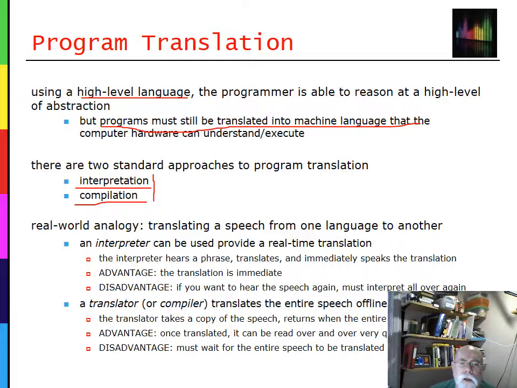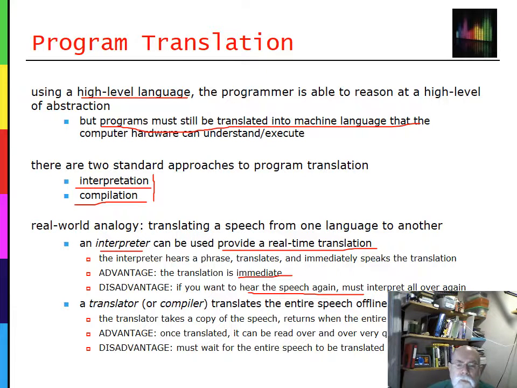An interpreter provides a real-time translation. The advantage is it's immediate. The disadvantage is if something fails, gets an error, or is corrupted for whatever reason, you must resend it. It must be reinterpreted.